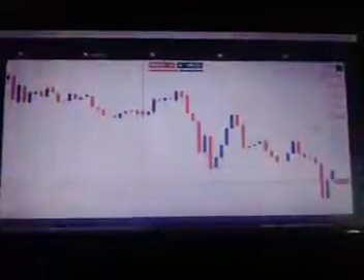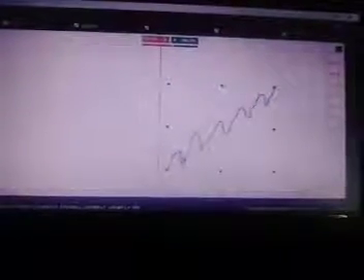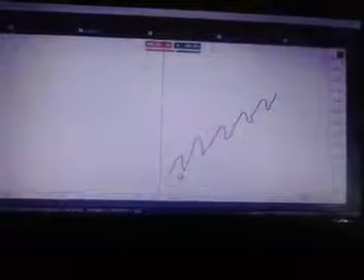In this case, when the market came up to here, before coming down here, it first made this high. So this is the highest point before the market came down. That point is what we call a high because it's the highest point.